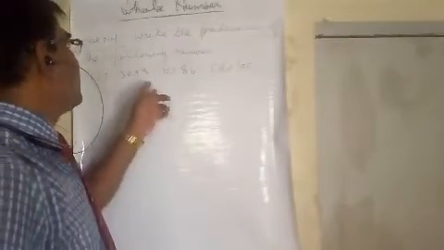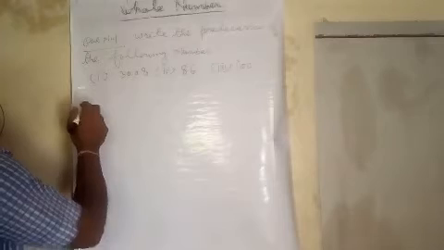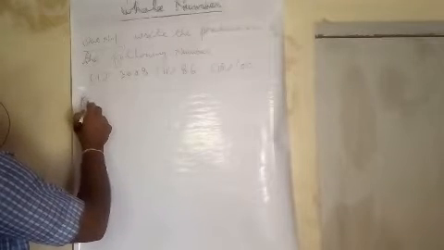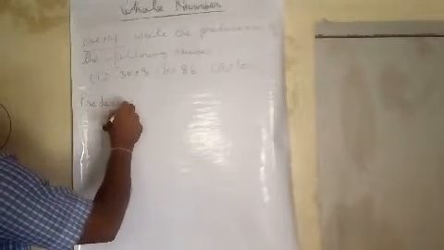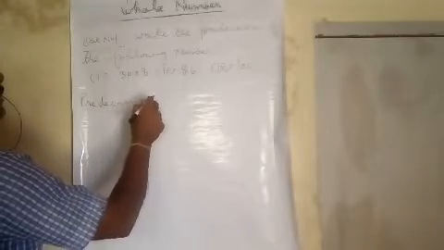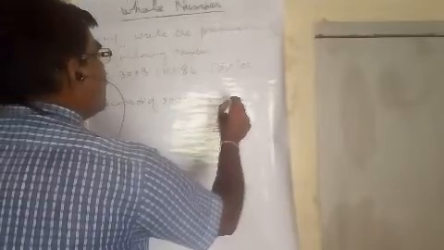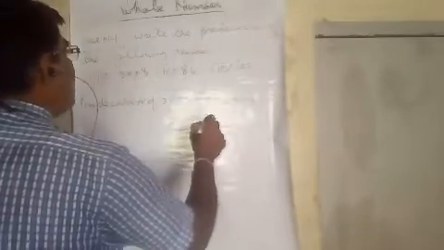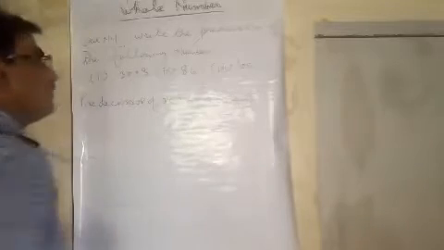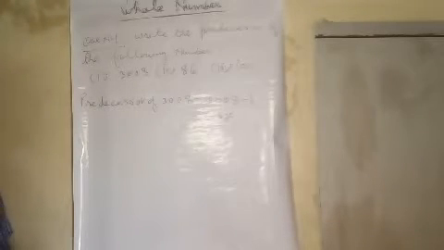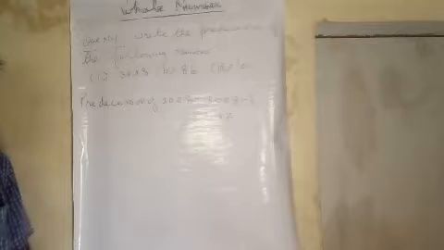So predecessor of 3008 equals 3008 minus 1 equals 3007.